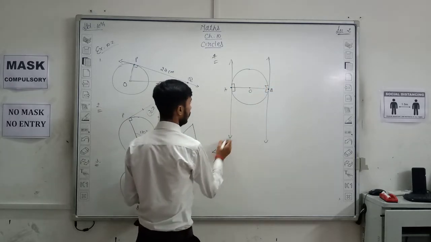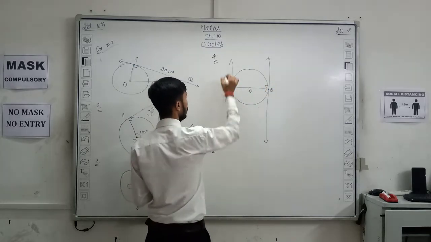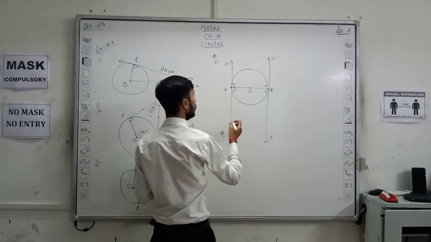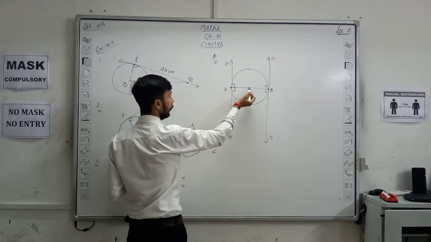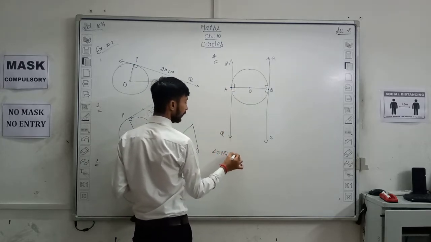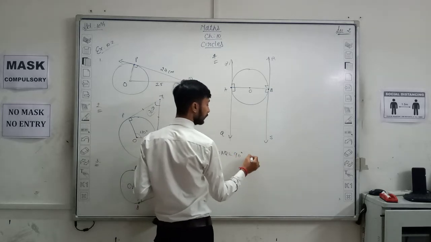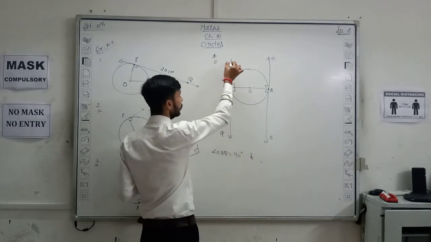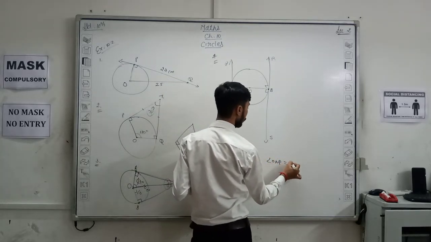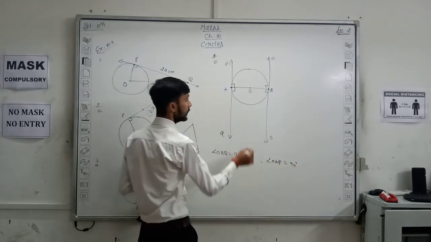Okay, so we have the tangents PQ and RS, right? So angle OAQ equals 90 degrees, and therefore this is also PAO, otherwise OAP, is 90 degrees.